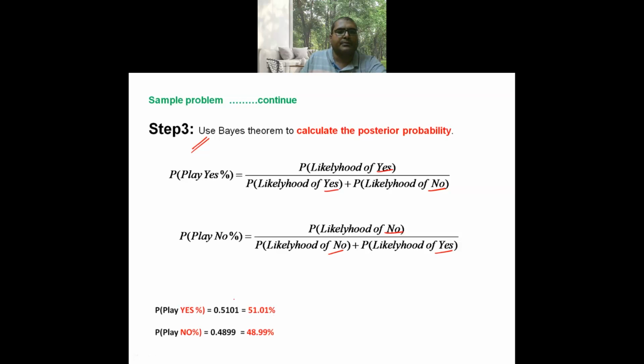The calculated values are: posterior probability of yes is 51.01 percentage, and the posterior probability of no is 48.99 percentage. The player can play the game with 51 percentage.